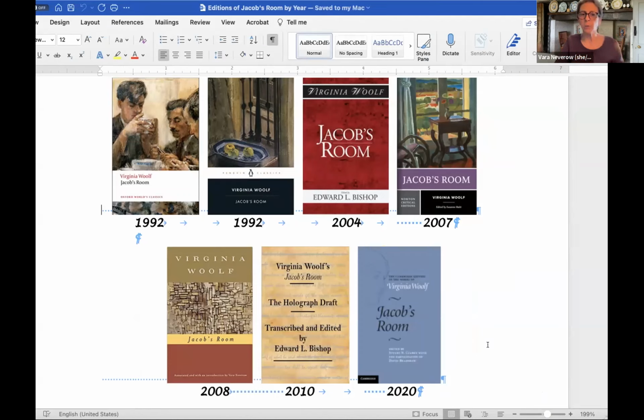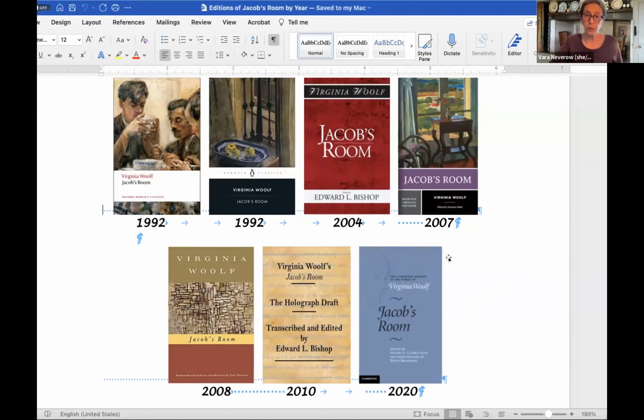And I also included Edward L. Bishop or Ted Bishop's image of the holograph draft because it's clearly part of this construction of the reception of Jacob's Room. And now I'm going to stop share and introduce our two speakers and briefly myself.